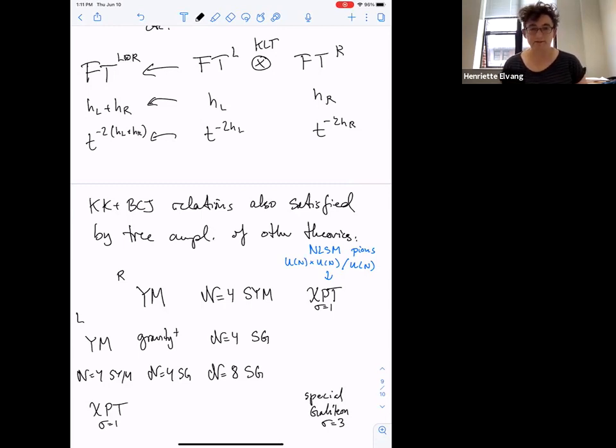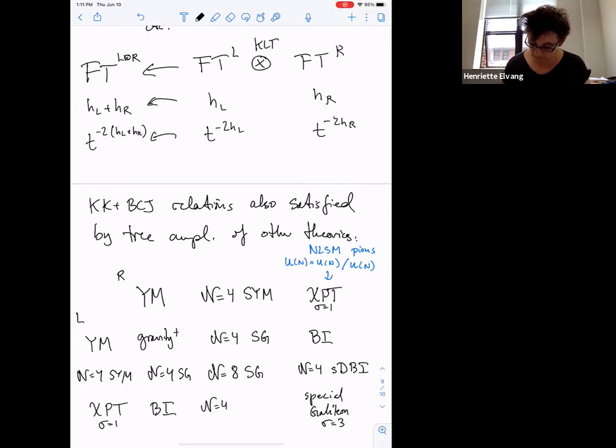Yang-Mills theory with chi-PT gives another familiar theory that I mentioned in lecture 2, namely Born-Infeld theory, the low energy effective theory on a space-filling brane, which in 4 dimensions has electromagnetic duality. That's a very interesting feature. If I do N=4 super Yang-Mills with chi-PT, I get another very relevant theory, namely the low energy effective action on a D3 brane, which is N=4 supersymmetric DBI, Dirac-Born-Infeld. Okay, so let's fill out these entries too, just for the completeness of the map.